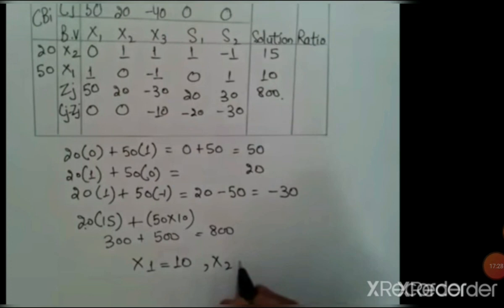The obtained solution is now optimal. Now you can finalize the values: x1 is 10, x2 is 15, and Zj is 800.